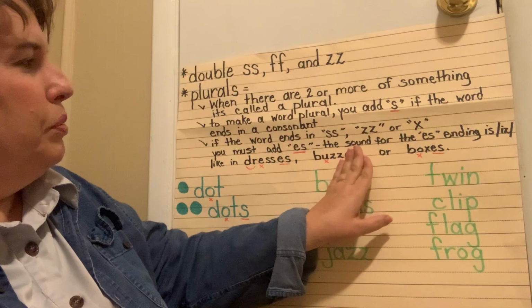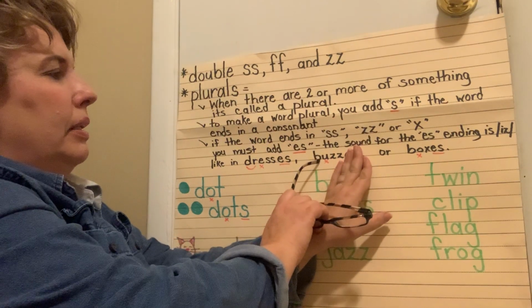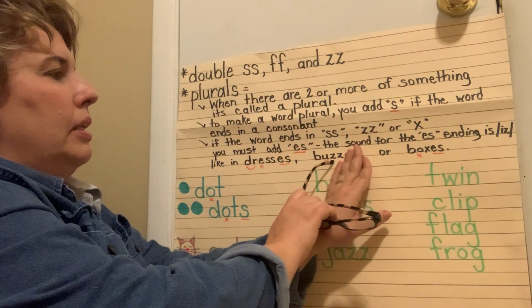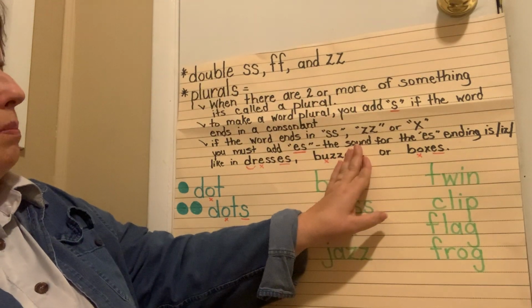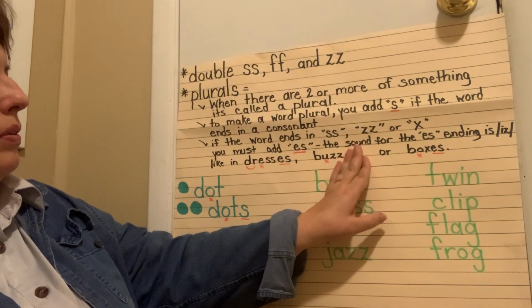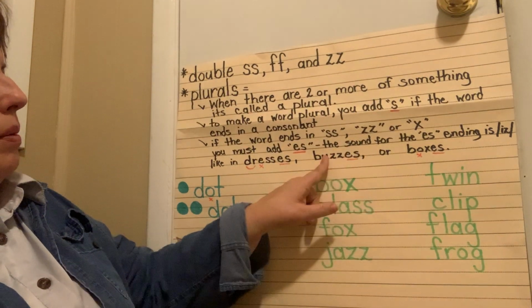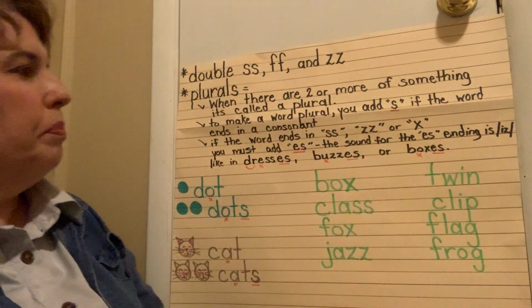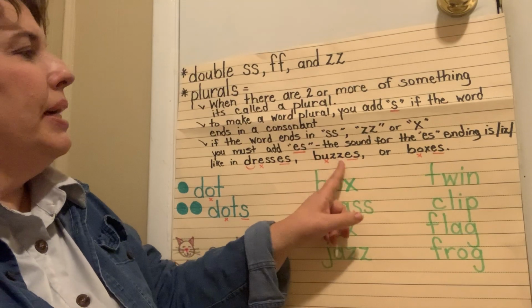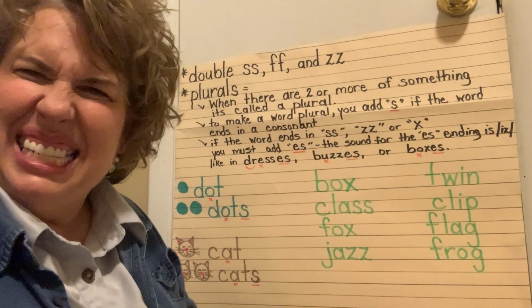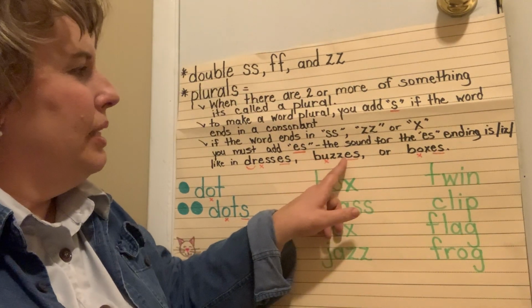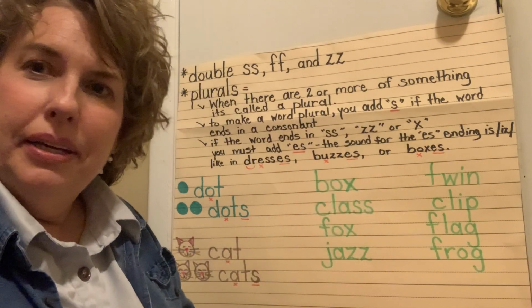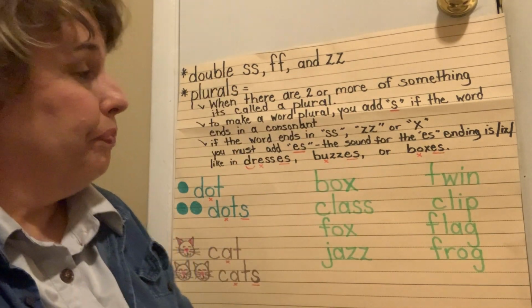All right, look at this word. Buzz. That B will buzz in your ear. Since it ends in double Z, if we're making it plural, it's going to say buzzes. Buzzes. It looks like it would say buzzess, doesn't it? We've got to remember that rule.